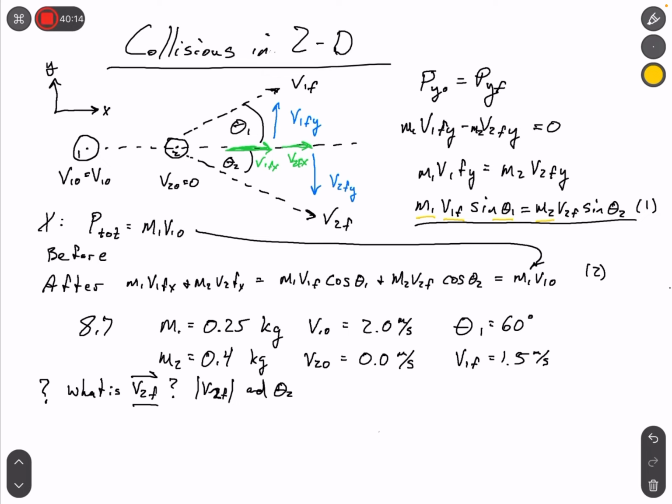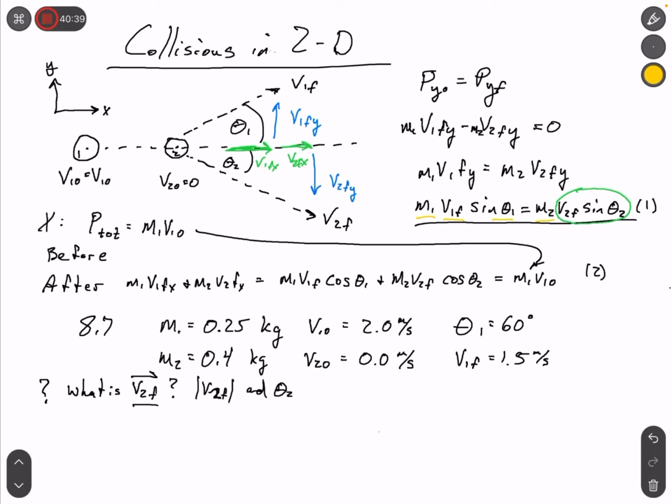So we can solve for V2 final sine of theta 2. So I'll circle that in this color. If we solve for this, that would be great. Now let's go back to our other equation.